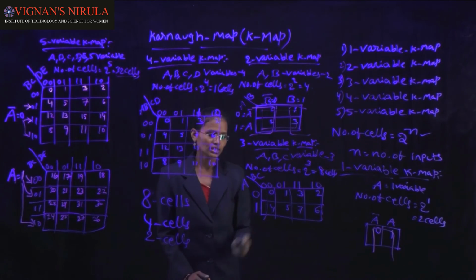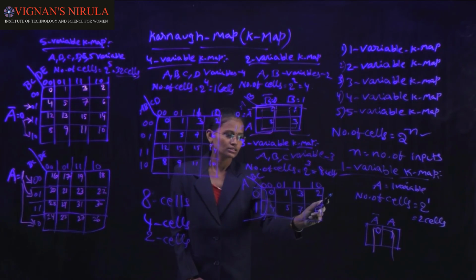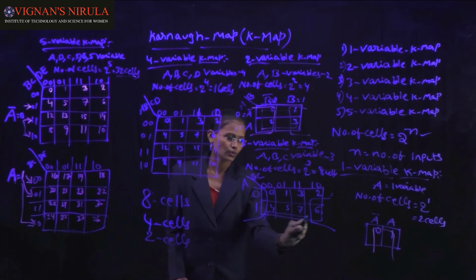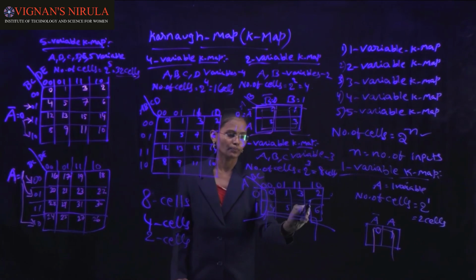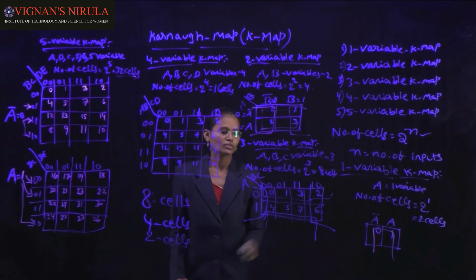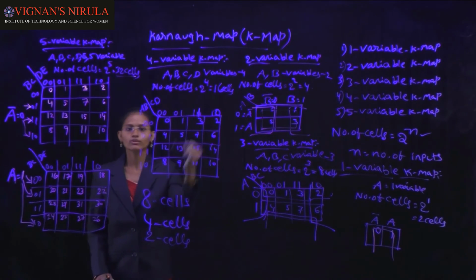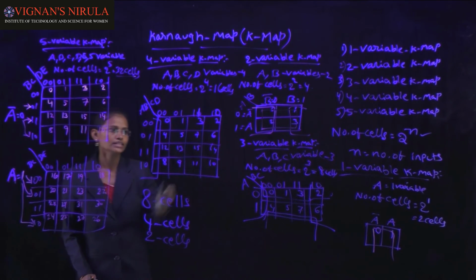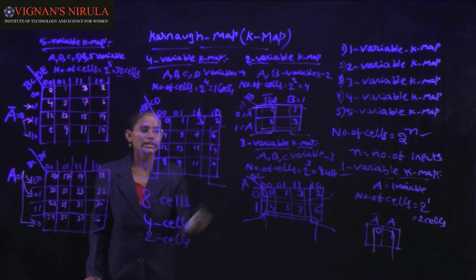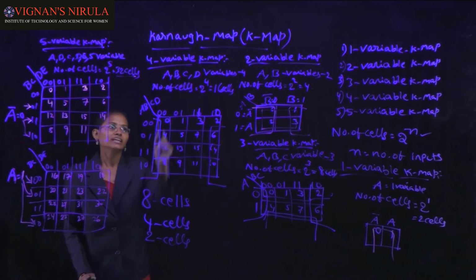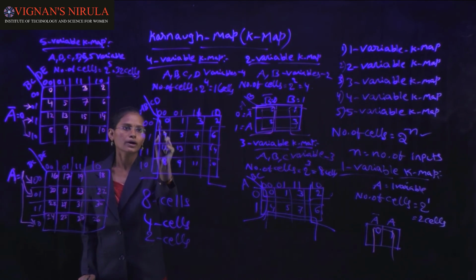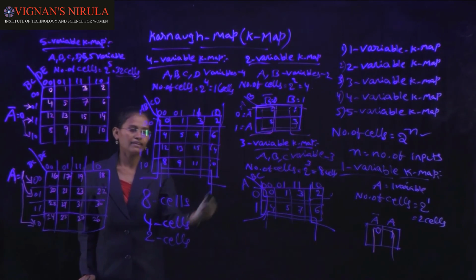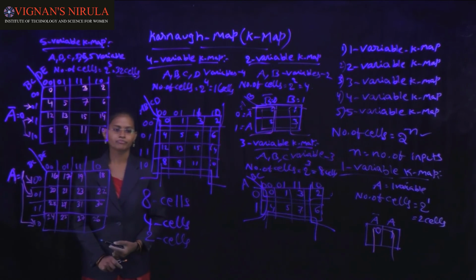We group these 2 rows and these 2 rows, or this group and this group. Okay. And next here we group either these 4 cells and these 4 cells. Totally 8 cells grouping. And in 4 variable we can also group 0 1 2 3 or 8 9 10 11. This is an 8 cell grouping.